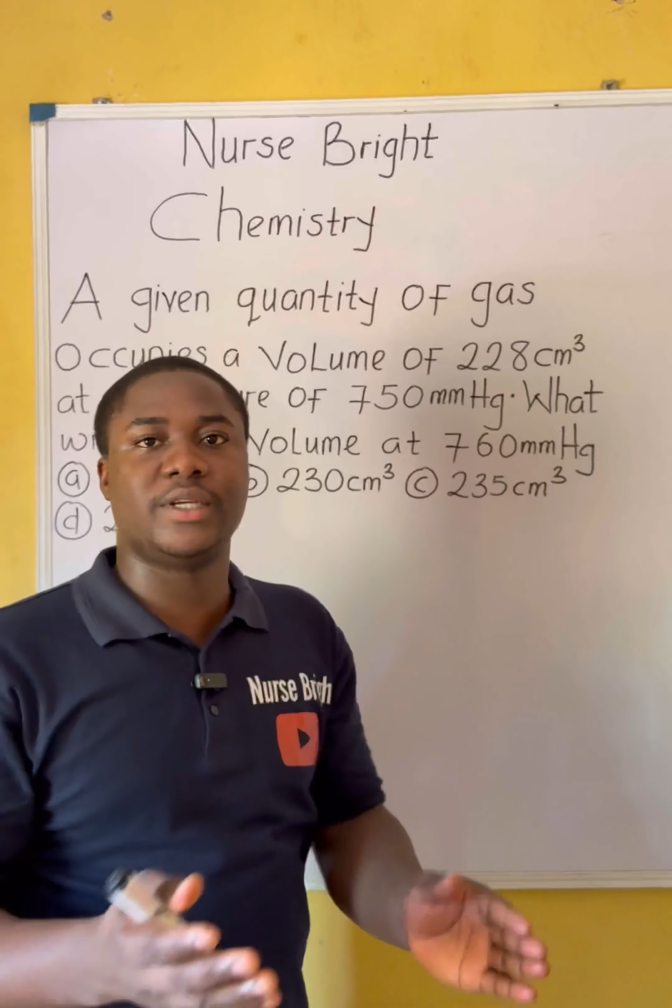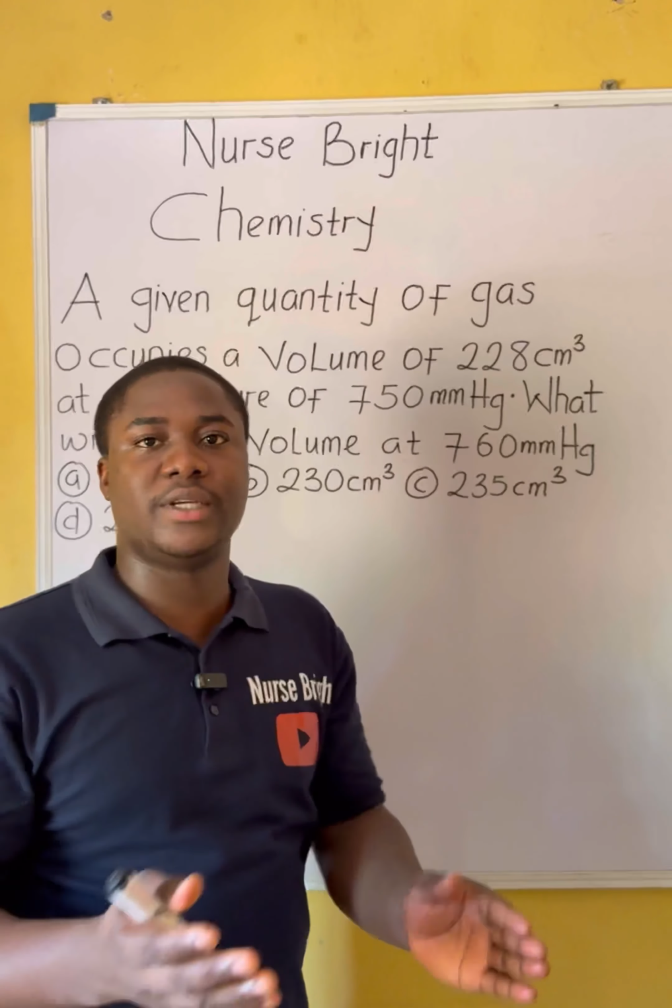So the question now says, what will be its volume? So they are asking me for the other volume, which is V2, at this pressure, which is 760 mmHg. Then this pressure we are looking at here becomes the second pressure, which is P2.